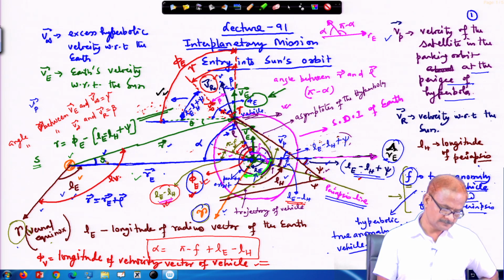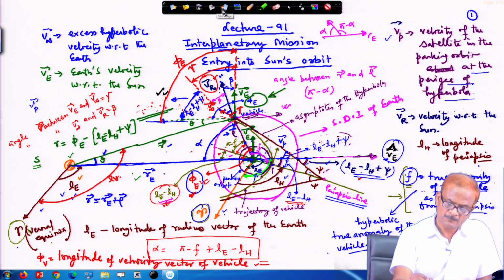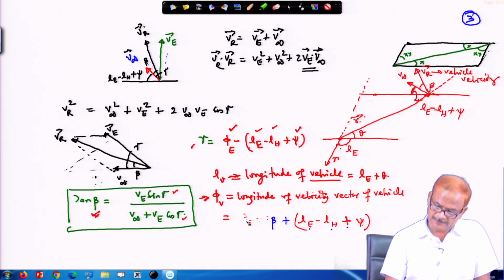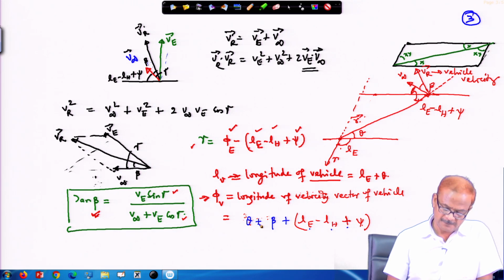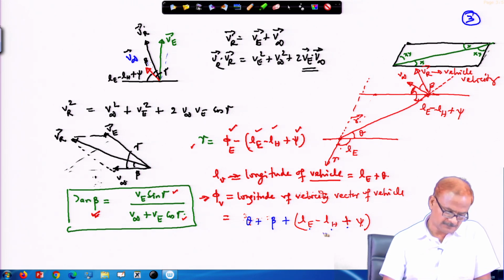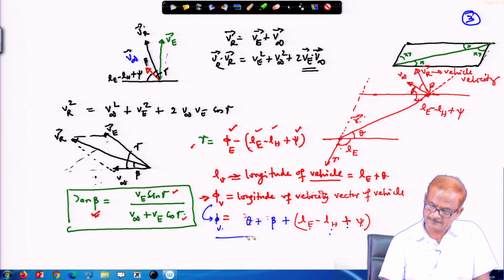This is the question. So, for phi v, we add theta to this. So, theta plus beta plus L E minus L H plus psi gives us the longitude of the vehicle velocity. As we have written here, this is phi v.